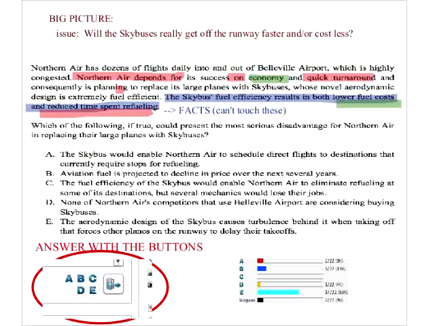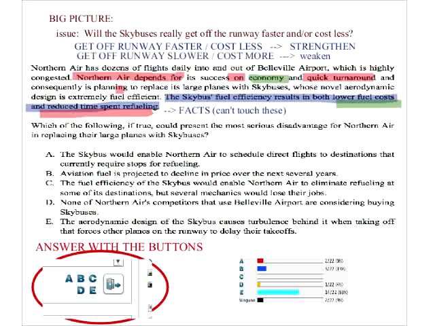If you have get off the runway faster or cost less, then that's a strengthening. But if you have get off the runway slower or cost more, then that's a weakening.